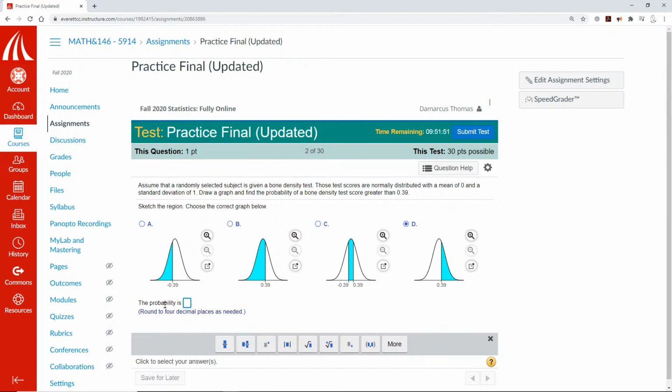Now they actually want us to calculate the probability of getting a score that is 0.39 or higher. And for this, it's a normal CDF problem again. Whenever you're trying to find the area, probability, or proportion of a normal distribution, it's normal CDF. You have to simply put in your lower bound and your upper bound.